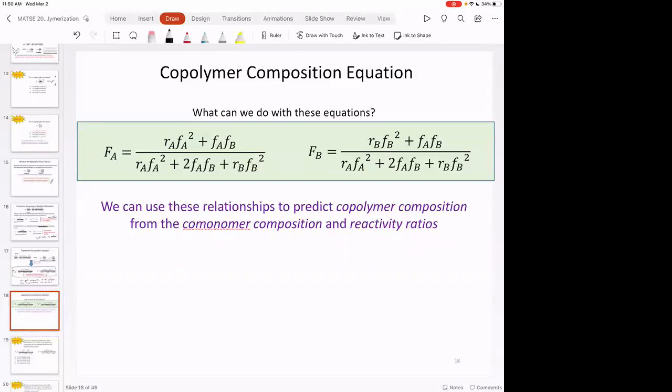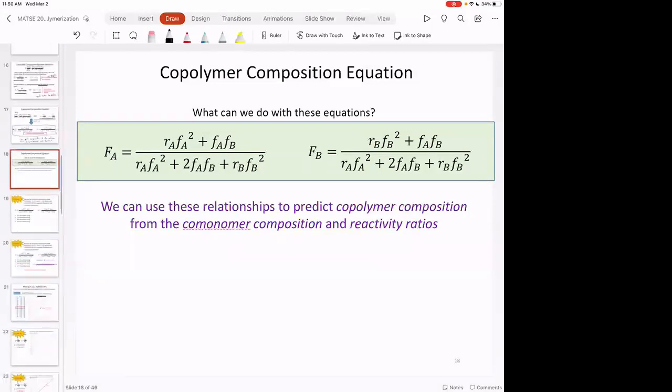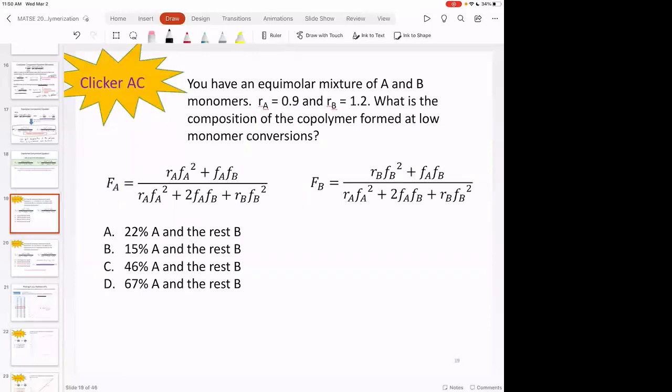All right. Clicker question. I will walk you through this, but I want to see who is paying attention. So you have an equimolar mixture of A and B monomers. What does that tell you right away? Equimolar mixture. Equal composition, that's right.